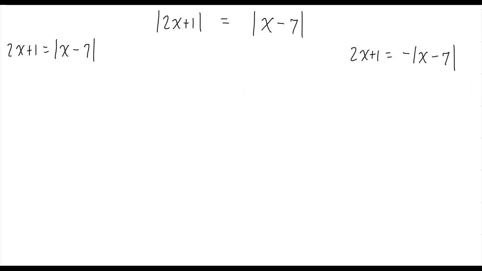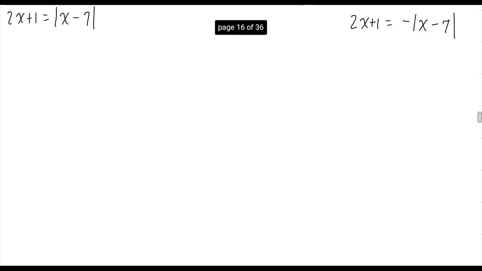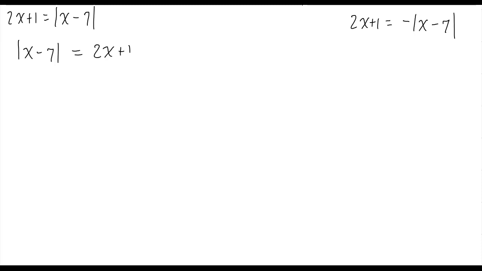Okay, now let's ignore that, and again, that makes it a little bit easier if I'm just focused on these two equations. Okay, let me flip this left side around just so that it looks a little bit nicer, a little bit more traditional. Okay, and the rule still applies. If you have an absolute value set equal to something, the inside part of the absolute value could equal positive or negative whatever's on the right side.